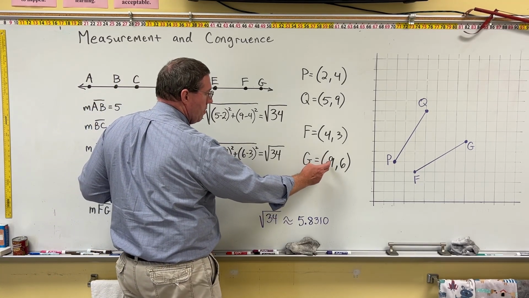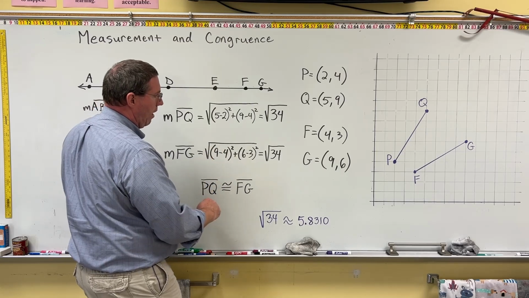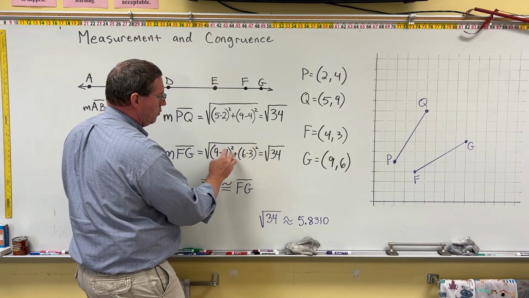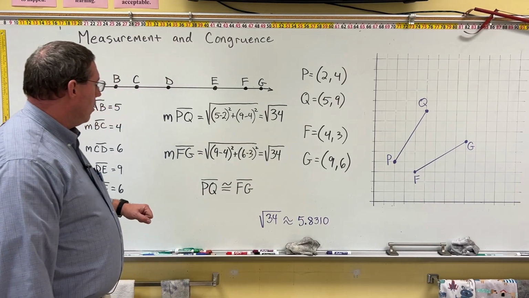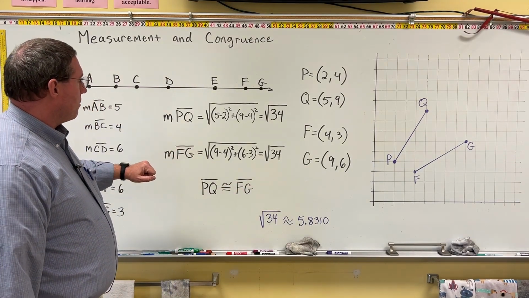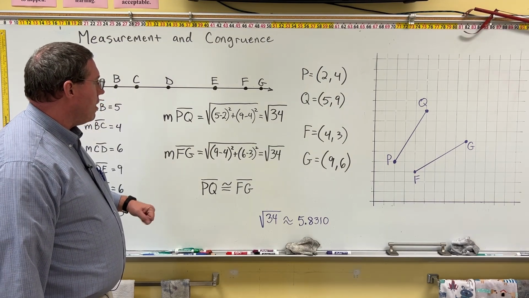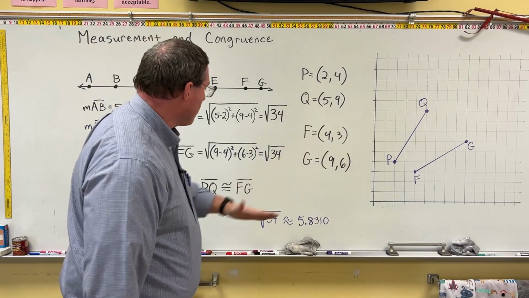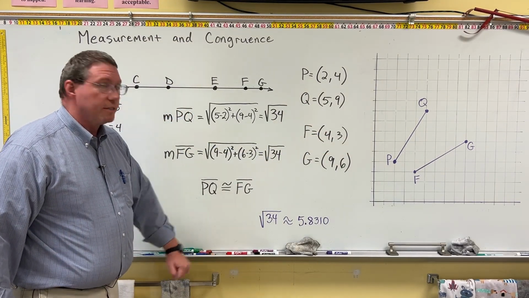We have the x's, 9 minus 4 squared, that's 5 squared is 25. 6 minus 3 is 3, squared is 9, 25 plus 9 is 34, square root of 34. So the measure of segment PQ is equal to the measure of FG, therefore they are the same size, same shape. Segment PQ is congruent to segment FG.